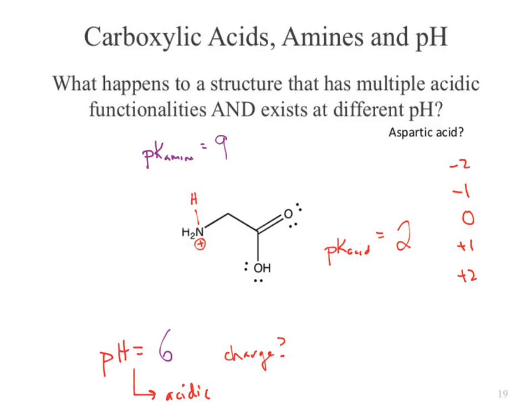So if I'm at a pH of 6, am I more acidic or less acidic than my amine? A pH of 6 is lower on the pH scale, which is more acidic. Should it be protonated? Yes.